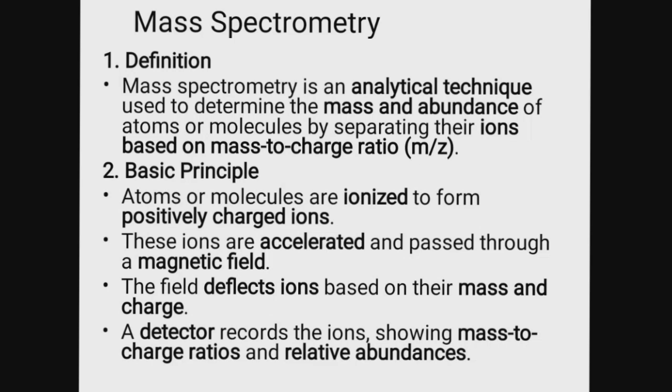When an element has isotopes, and you pass it through this mass spectrometer, it ionizes the element. After ionizing it, you speed the ions up, and then you send them through a magnetic field.